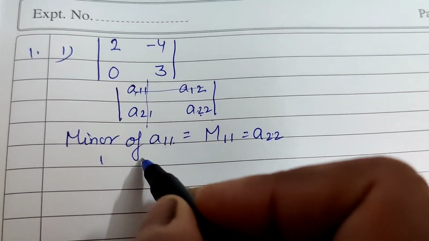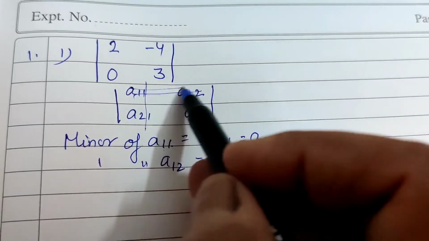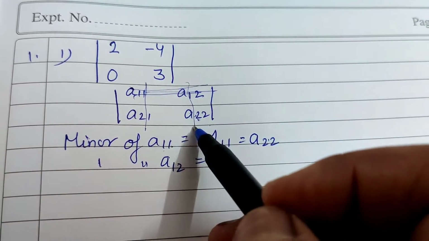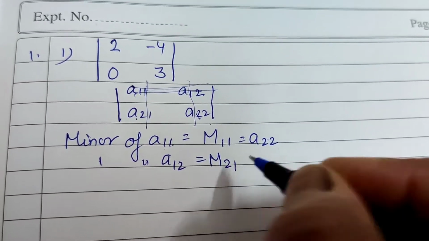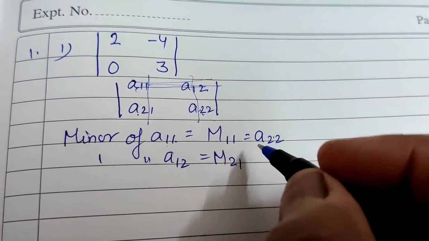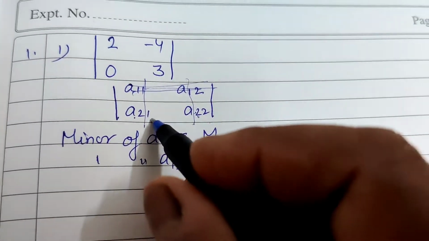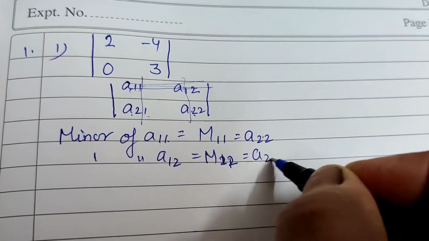Same, the minor of a12: 12 means first row and second column, it is a21. So the minor of a12 is equal to a21.